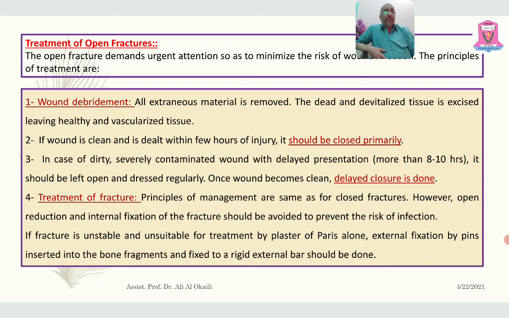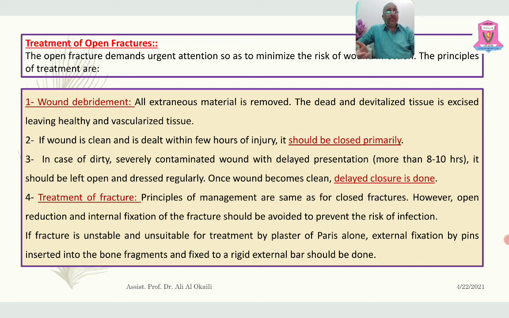If the wound is clean and is dealt with within a few hours of injury, it should be closed primarily. In the case of a dirty, severely contaminated wound with delayed presentation, more than 10 hours إلى أن جابوا للمراجع, it should be left open and dressed regularly, يتضمد بشكل منتظم. Once the wound becomes clean, delayed closure is done.